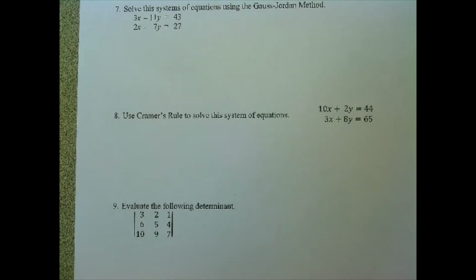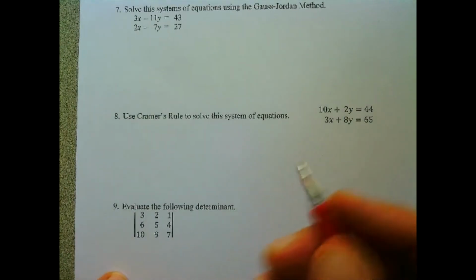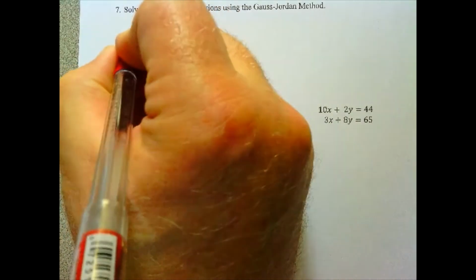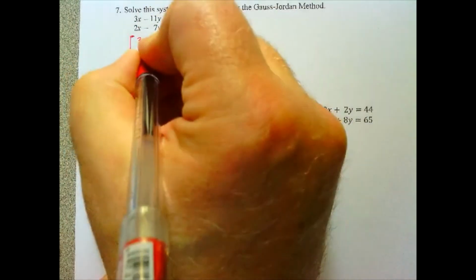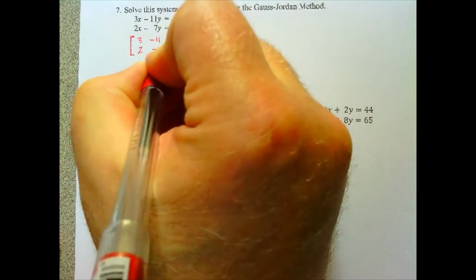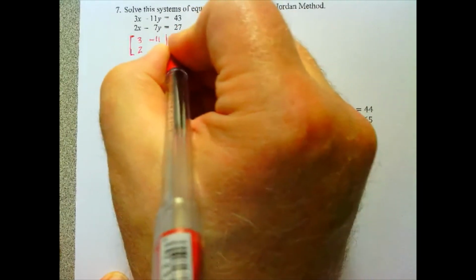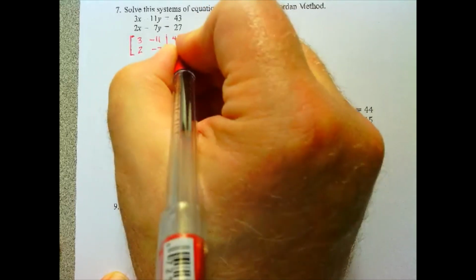So first we're going to do the Gauss-Jordan method. The Gauss-Jordan method just means that we need to basically end up with an identity matrix. So first off, we're going to transform the two equations, 3, 2, negative 11, negative 7, 43, and 27.